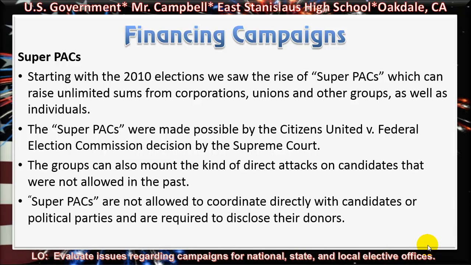However, the super PACs are not allowed to coordinate directly with candidates or political parties, and they are required to disclose their donors. But there's a loophole. While the super PACs are required to disclose their donors, in some cases their donors may receive money from other donors that doesn't have to be disclosed.